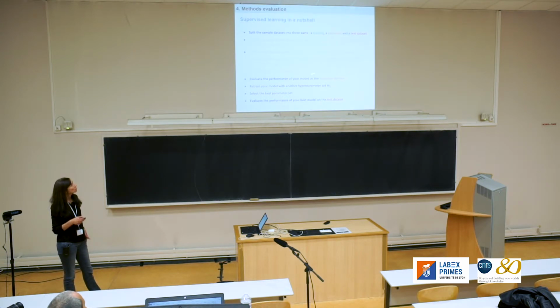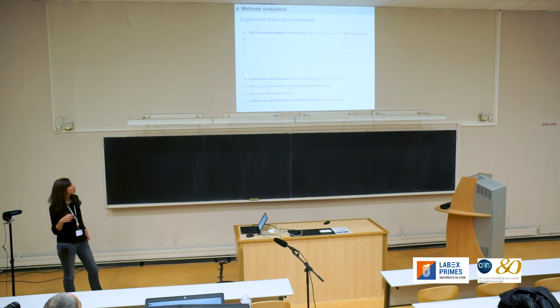All we focused on this morning was training the model on the training data set. Then, once you have trained your model, you want to evaluate its performance on a validation data set. And this will give you some performance corresponding to one hyperparameter set θ2.